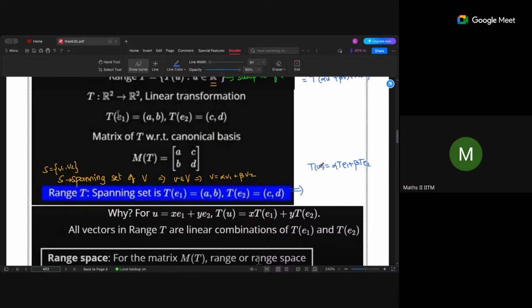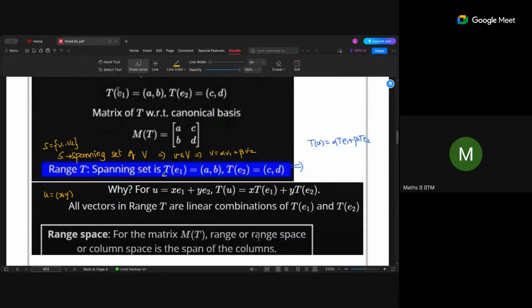First of all, let's say u is some vector (x, y). Then you can write u as xe1 plus ye2, and Tu is simply x Te1 plus y Te2. So you have already found your alphas and betas. Very straightforward. So you see that this is a spanning set: all vectors in the range of T are linear combinations of Te1 and Te2.